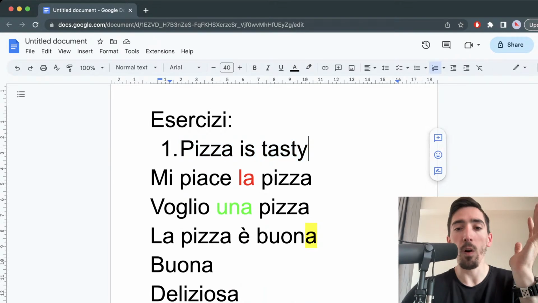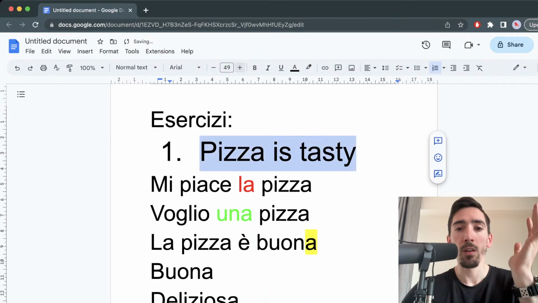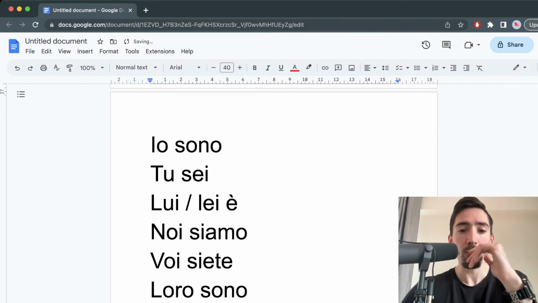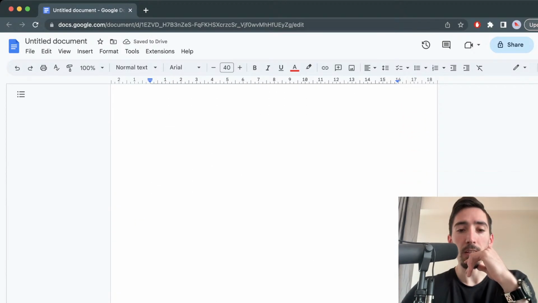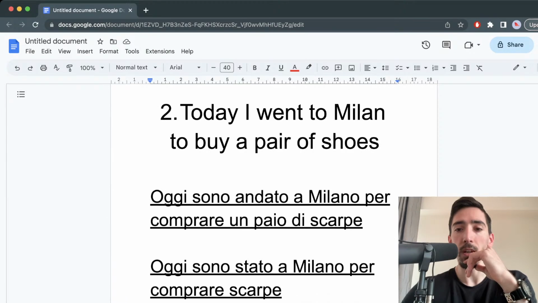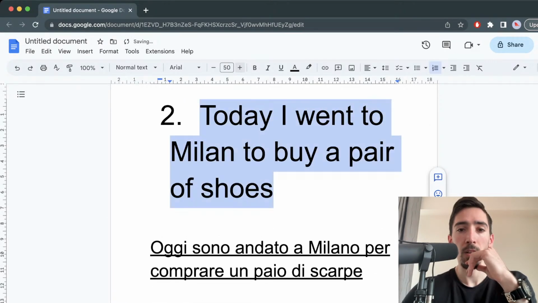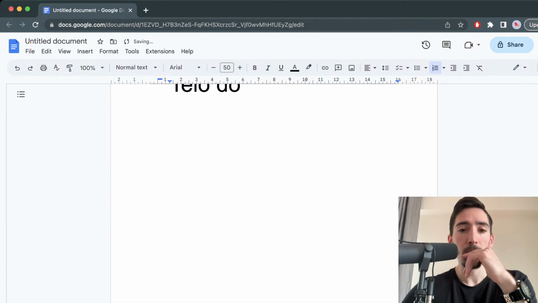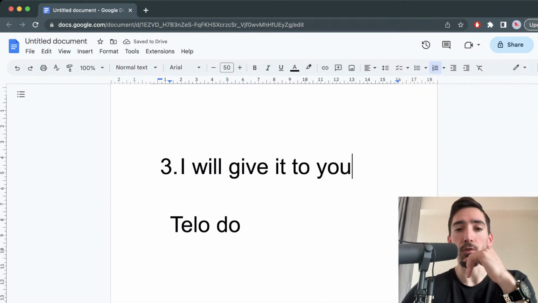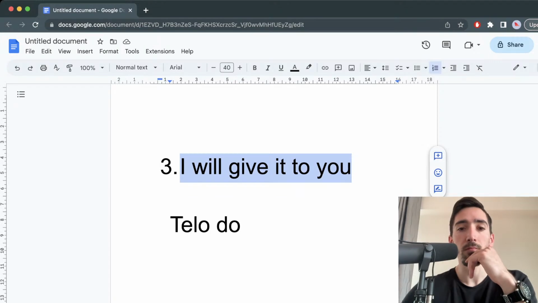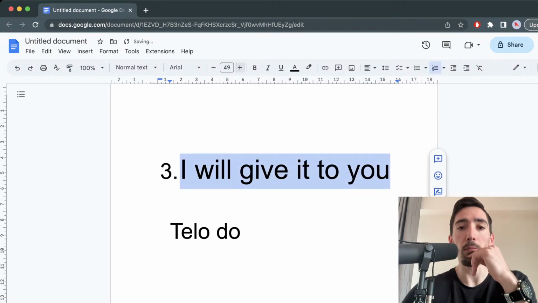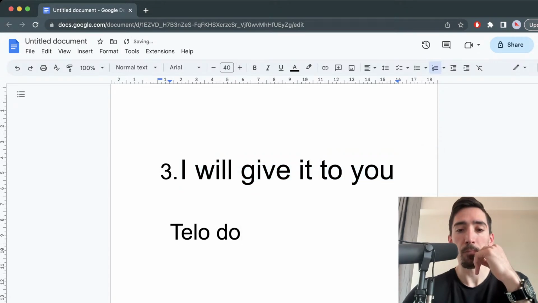First sentence was in the present. The second sentence was in the past. And the third sentence is in the future. But yeah, it's not very important in this case.